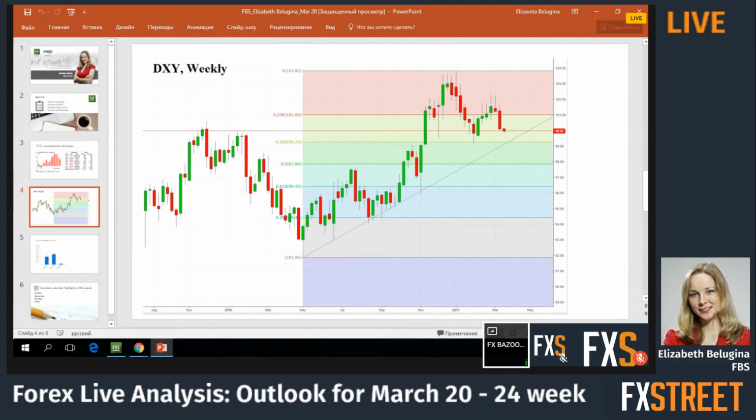The famous statement, buy on rumor, sell on fact. Actually, we saw how it worked for the US dollar, and we saw that the rate hike is not always leading to the appreciation idea.